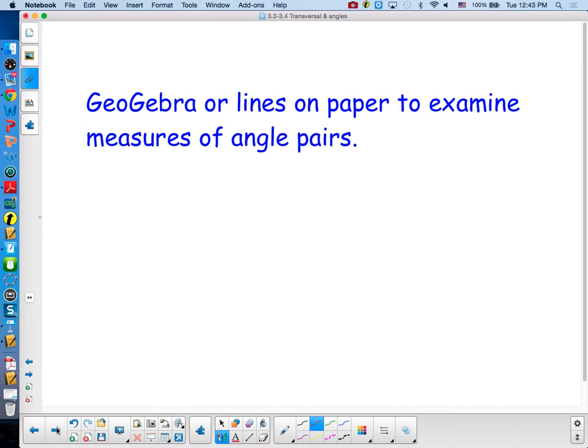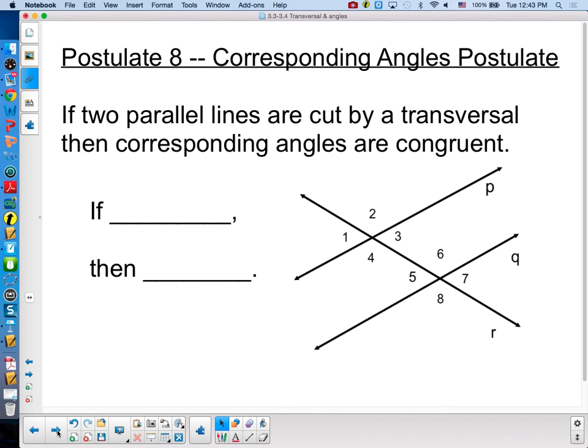Right, I want to try GeoGebra today with a little experiment, because these angles have a certain relationship when the lines are parallel. So I'm going to have you go to GeoGebra and open up a program that was already set up by somebody. Okay, so go to your GeoGebra app.